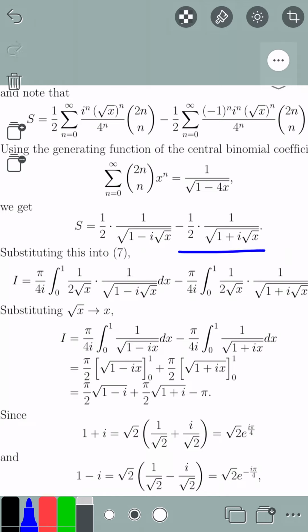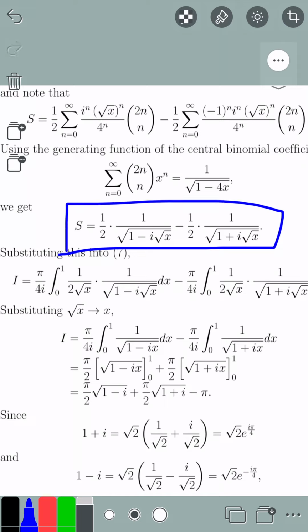And so s is equal to, just using this generating function of the central binomial coefficient 2n choose n, s is equal to 1/2 times 1 over square root of 1 minus i times square root of x, minus 1/2 times 1 over square root of 1 plus i times square root of x.